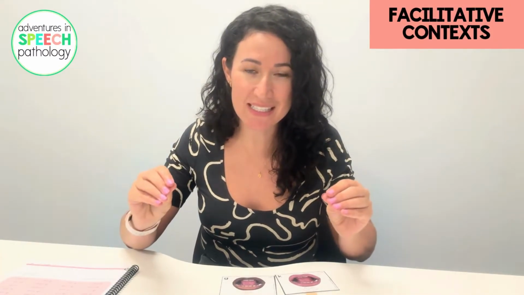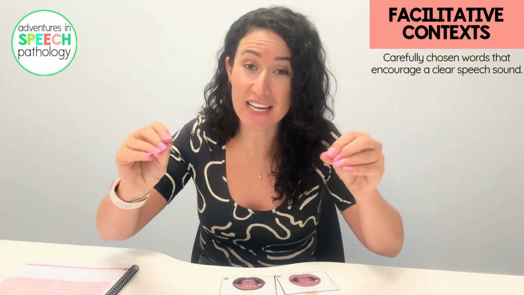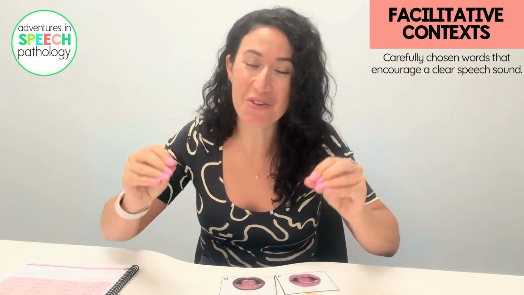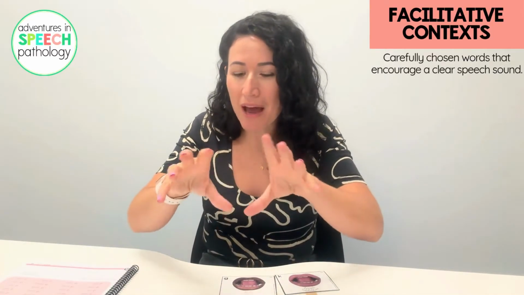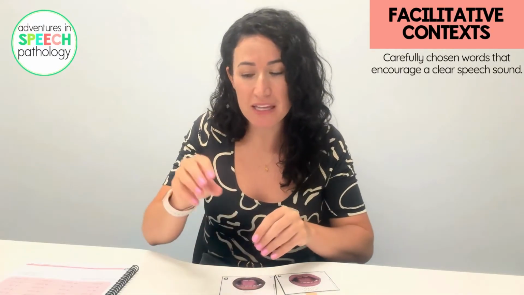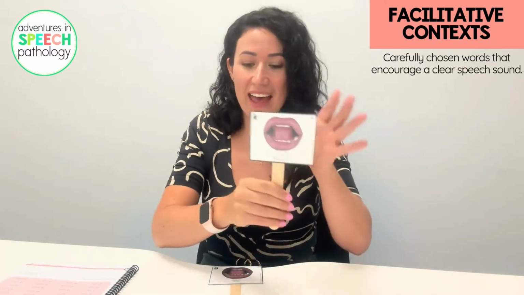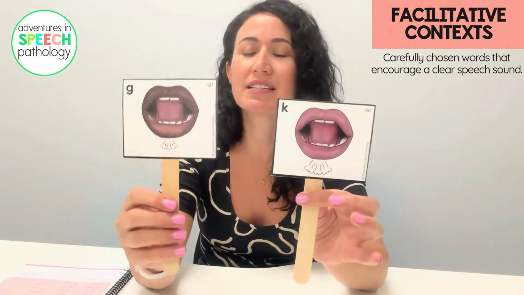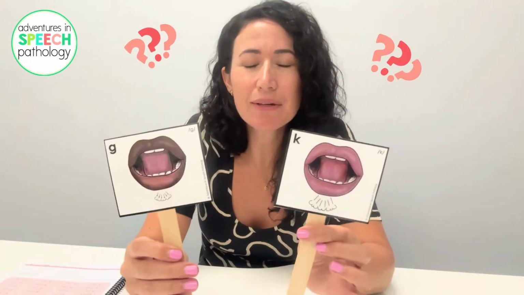I'm going to share with you some facilitative contexts. These are words that are carefully chosen because they can facilitate or encourage or support a clear production, because we've really thought about the environment of the sounds, be them vowels or other consonant sounds, surrounding our K and our G sound. And what I'm doing is I'm really thinking, how do I make a K and G?